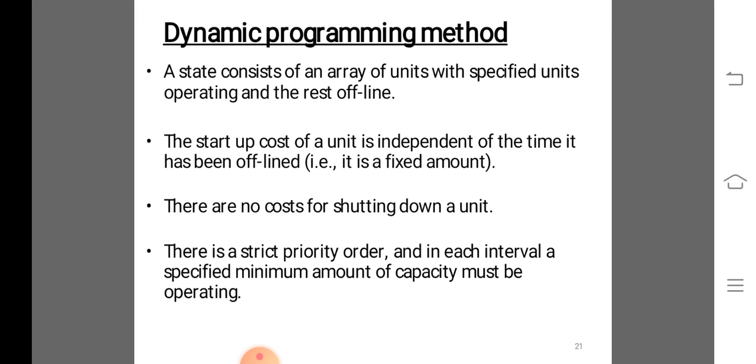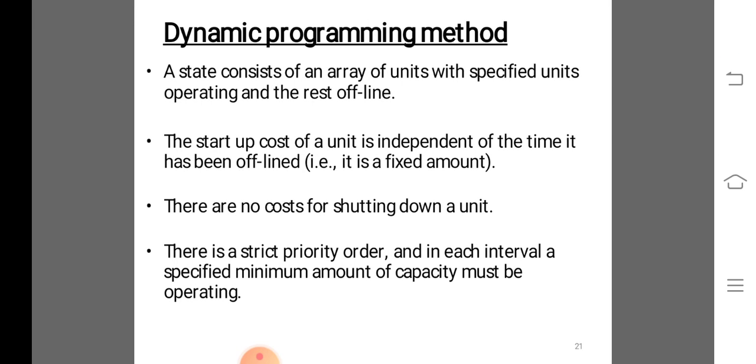Then, in the dynamic programming approach that follows, we assume that a state consists of an array of units with specified units operating, and the startup cost of a unit is independent of the time it has been offline. Third, there is no cost for shutting down a unit.